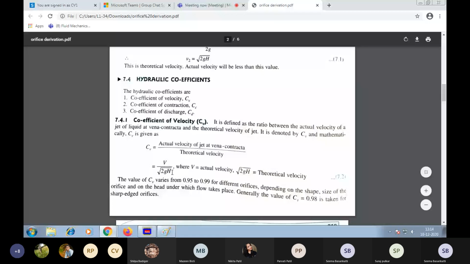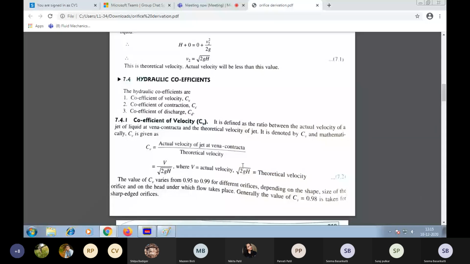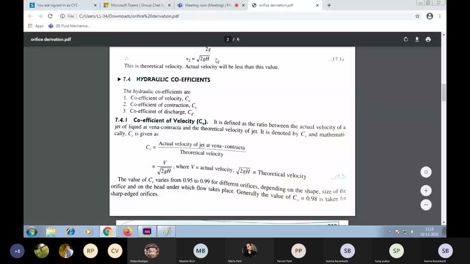Actual velocity is the velocity which is identified in the laboratory or practically. Theoretical velocity is where we have not done any experiment. We have taken a derivation and calculated the velocity in a theoretical class.